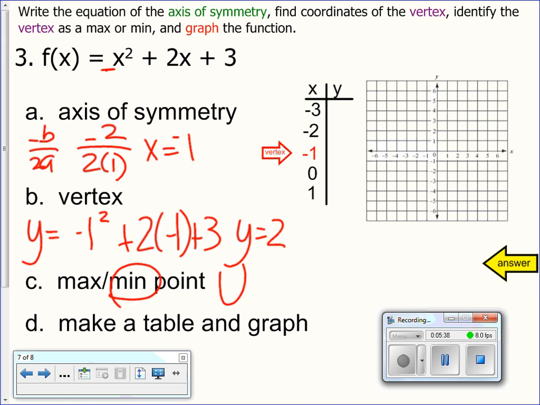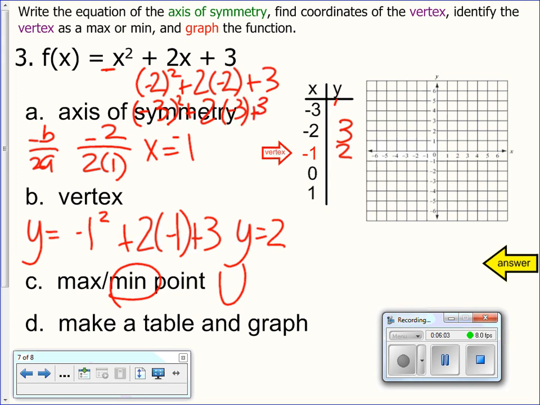I'm going to start by putting my vertex of negative 1, 2 in the center. I'm going to plug in negative 2 for x, so negative 2 squared plus 2 times negative 2 plus 3 is 3. If I plug in negative 3 squared plus 2 times negative 3 plus 3, that equals 6.